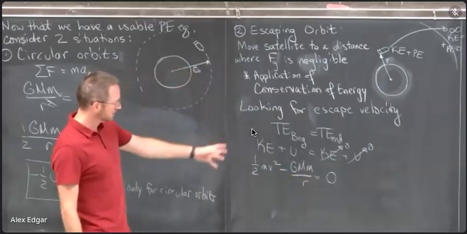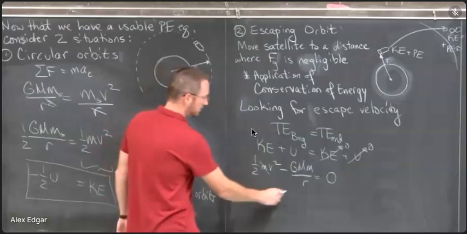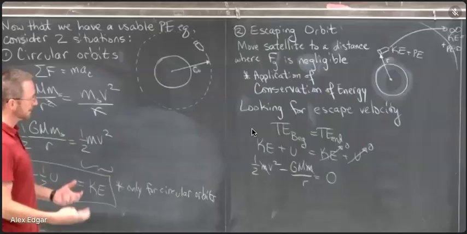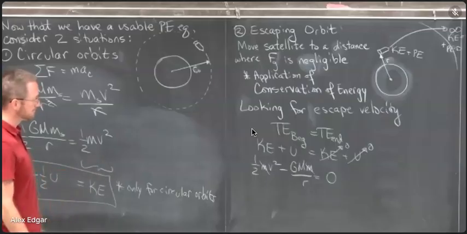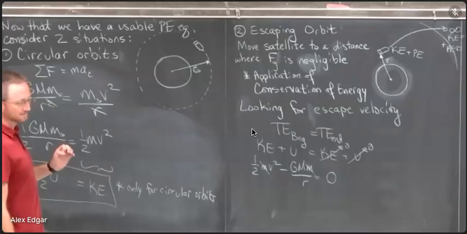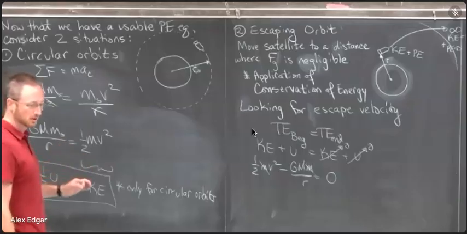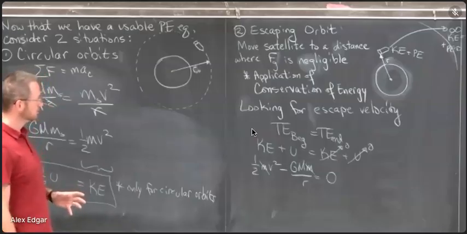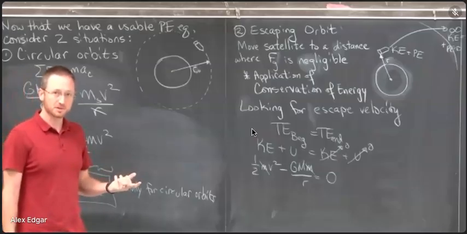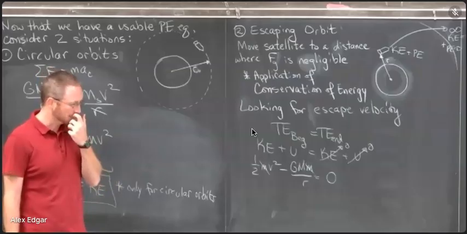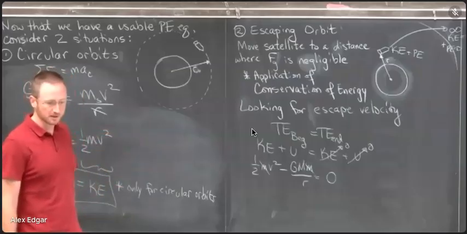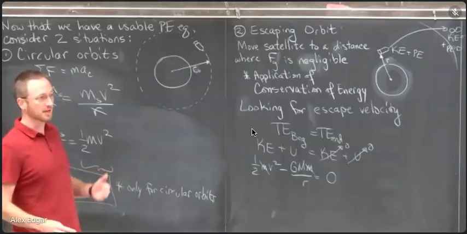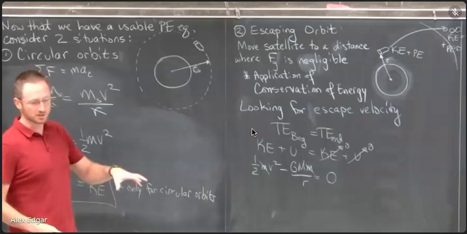Now, let's just rearrange this and solve for v. Notice how it doesn't matter how big the thing is that I'm kicking away from the Earth. What matters is how fast it's moving. It doesn't matter if I'm sending a bullet or sending a whole rocket filled with people. If you've ever watched The Expanse TV show, they have some discussion of this sort of thing because they're constantly moving between planets and asteroids and moons in our solar system.